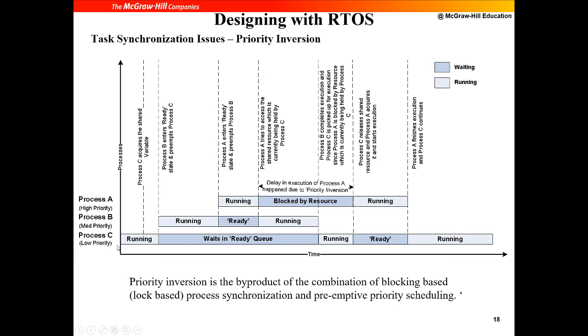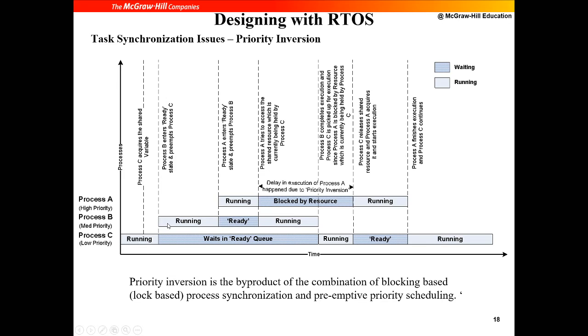Process C is running, but it holds a resource that A also wants. Let us say it's a printer, a very high priority printer, and process C is already holding it. Process C will get preempted because process B comes in between.